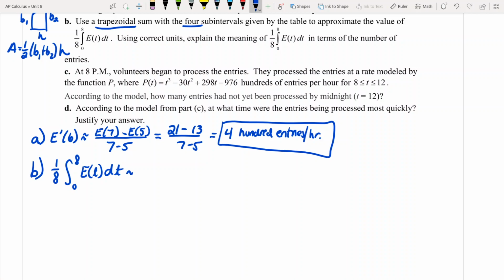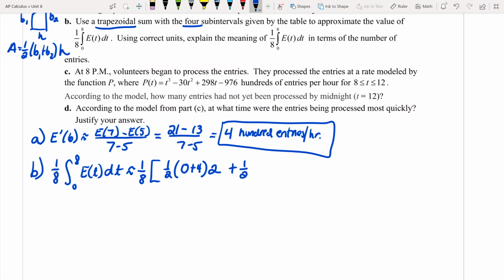So this is going to be approximately 1/8. And then I need to look at my first trapezoid. And it's going to be 1/2, and then I'm going to add my two bases, which in this case is going to be 0 and 4, and then multiply by the height, or the width in this case, of the trapezoid, which is the distance between the hours, which is 2. So there's my first trapezoid.